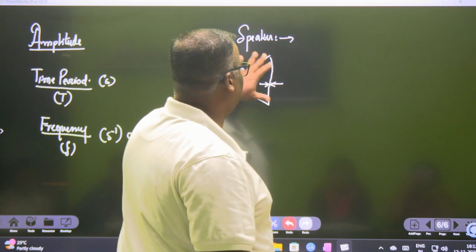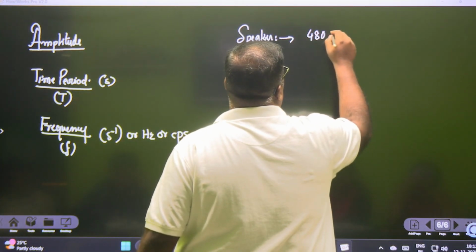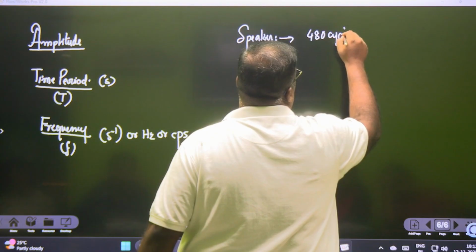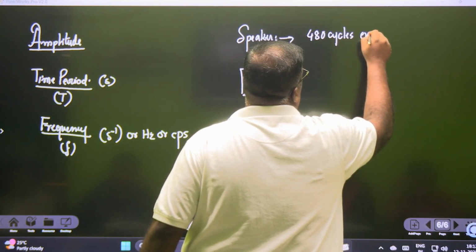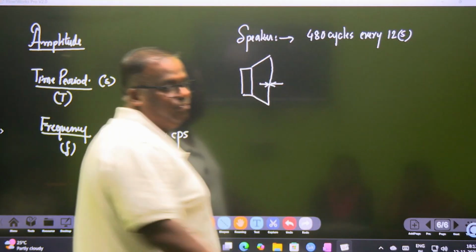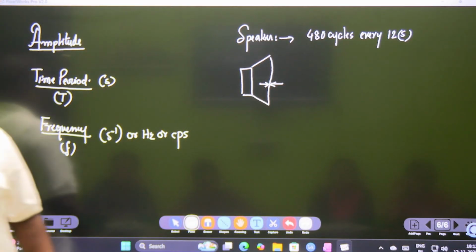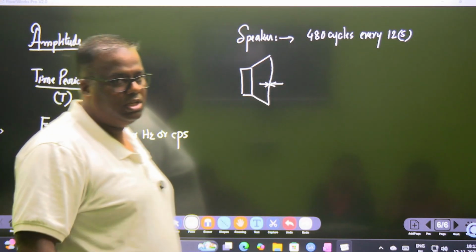Let's say it is vibrating 480 cycles every 12 seconds. Every 12 seconds it is making how many? 480. Okay, so now we have to find out what is the frequency and what is the time period.